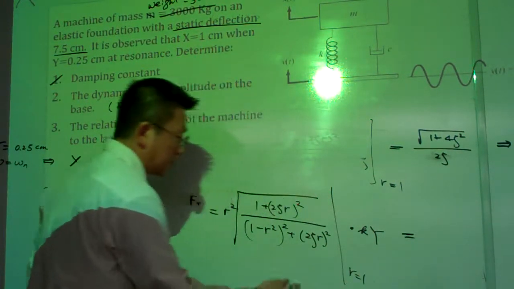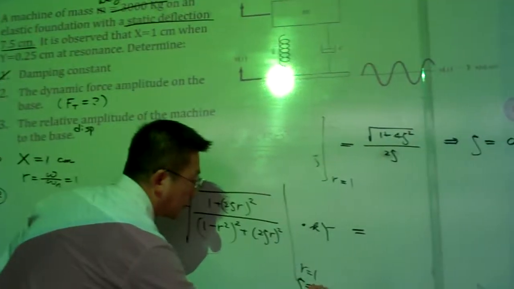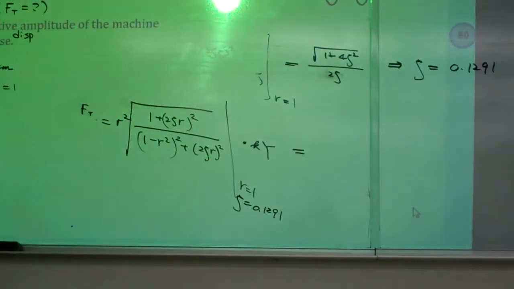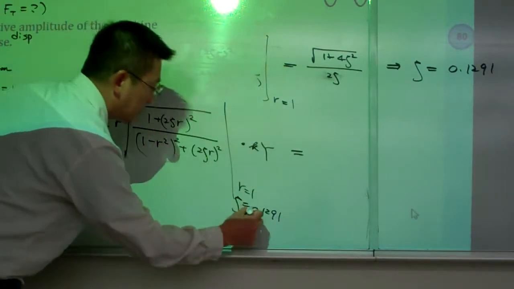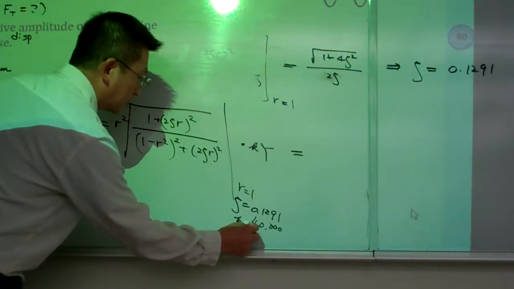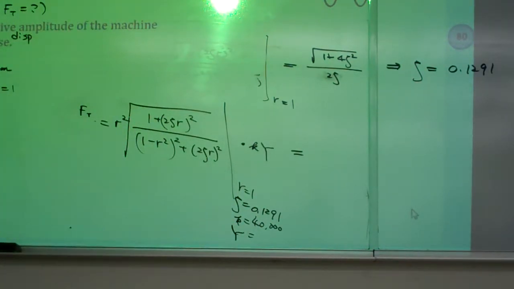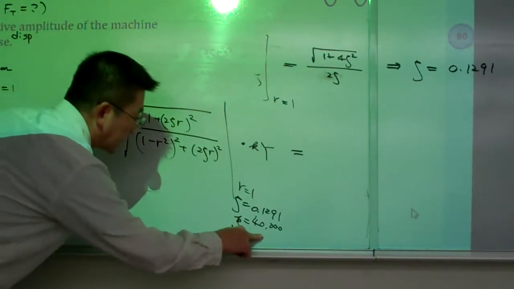So right now we can see r equal to 1, and then we already found the damping ratio equal to 0.1291. And anything else? So we already have the k equal to what we found, 40 thousand, and then what is our Y? Y equal to 0.25 centimeters.